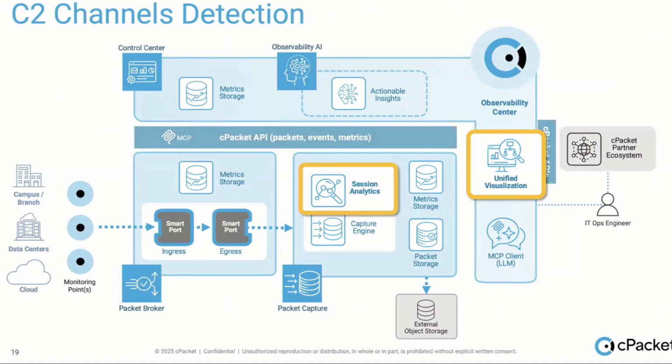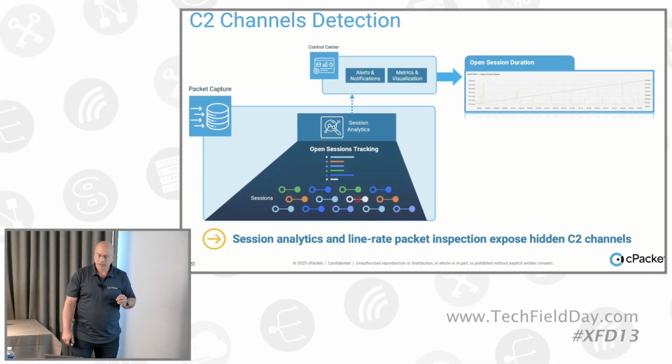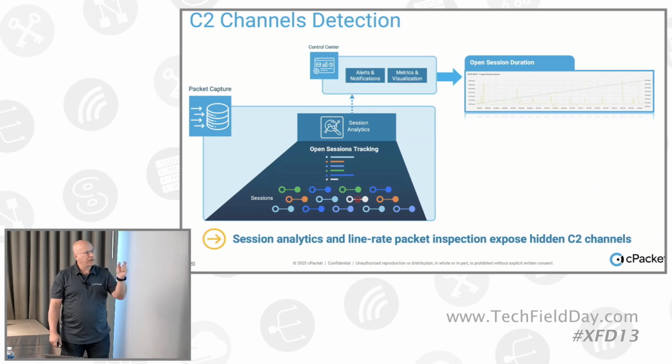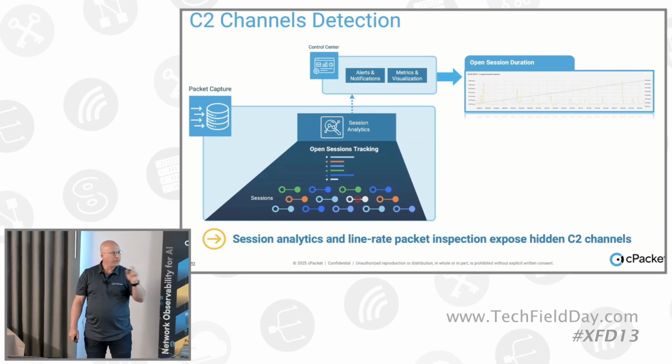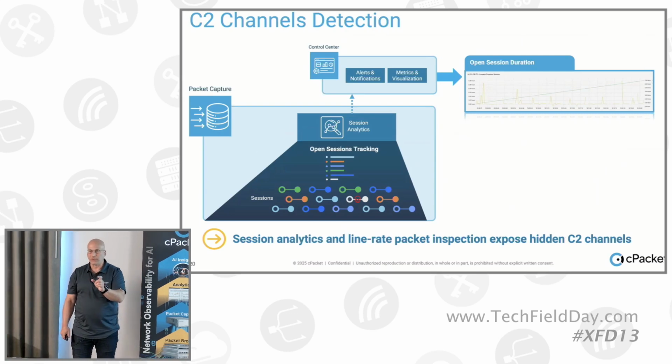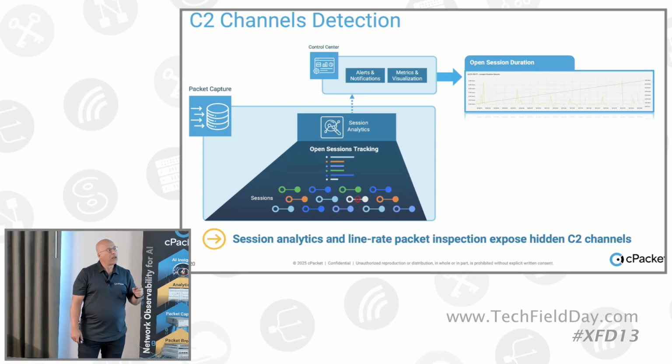So this is where we move from the packet broker to the packet capture. The scale we're talking about there is the ability to keep track of millions of open sessions. Many of the network observability solutions you'll see, like NetFlow, will tell you how many bytes and packets each flow sent in every given amount of time, whether it's 1 second or 5 minutes.